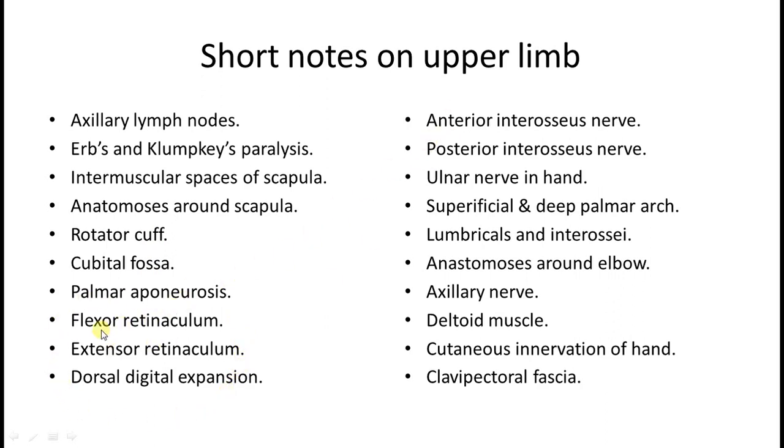Palmar aponeurosis, flexor retinaculum, extensor retinaculum, superficial and deep palmar arch, lumbricals and interossei, cutaneous innervation of hand, ulnar nerve in hand. So most of these are actually from the palm. You get a lot of short notes from the palm. Dorsal digital expansion. So these are all the palm structures mostly. So some of the short notes on lower limb also I have actually enumerated for you.